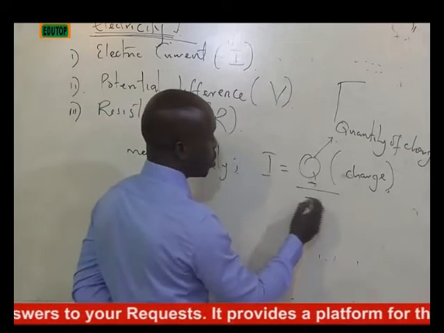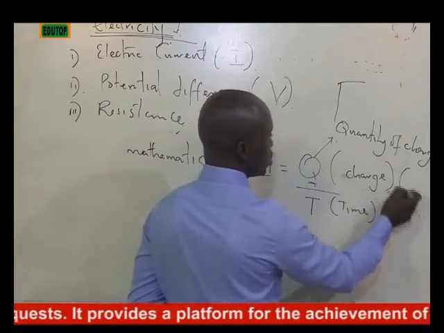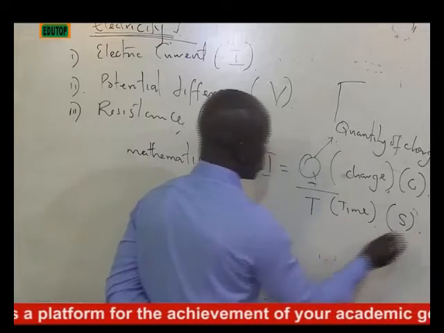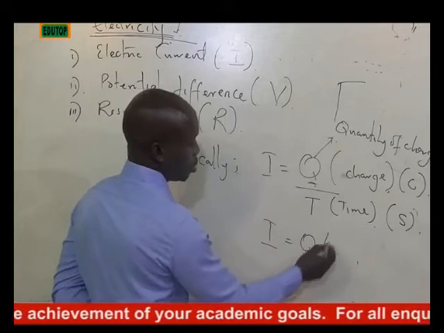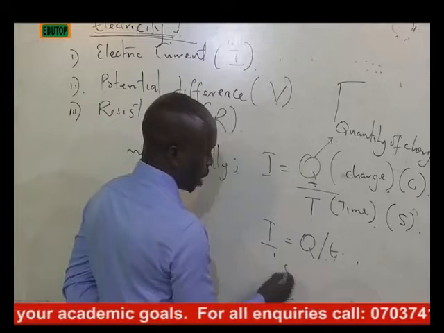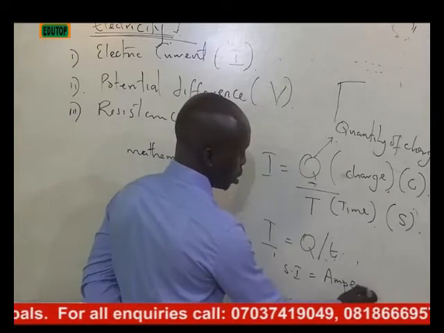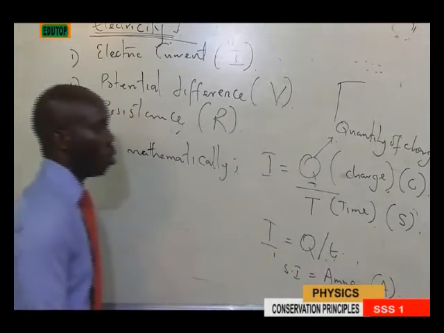So it will be over T, which is your time. Mind you, this charge is measured in coulomb, while your T is measured in seconds. So my current now is Q over T. Mind you, the SI unit of current is what we call amps or ampere. Ampere is the full name, then the shortest form is amps.